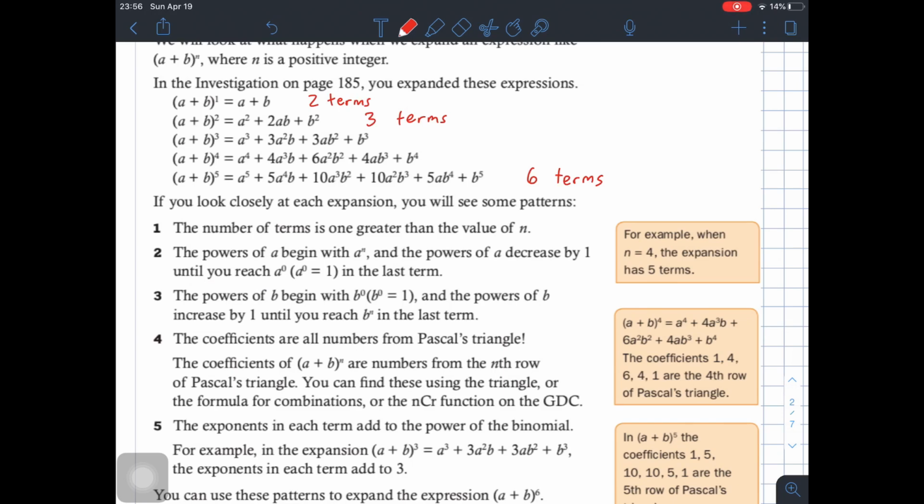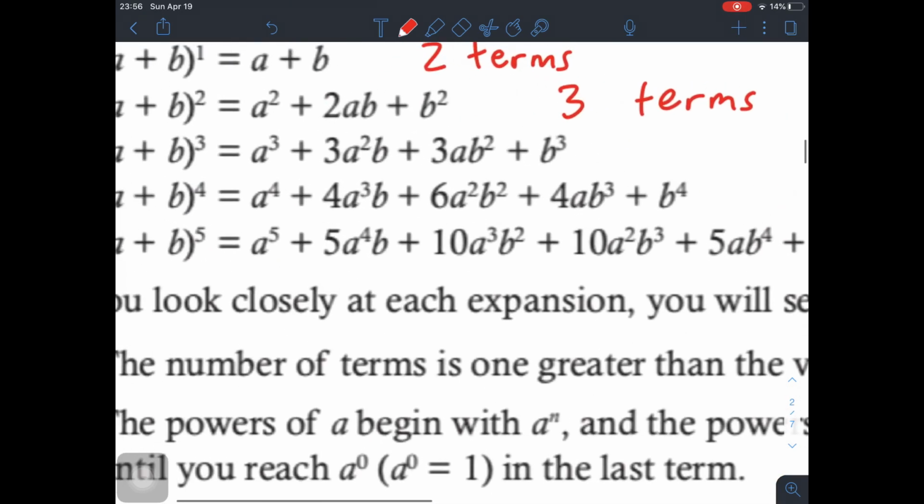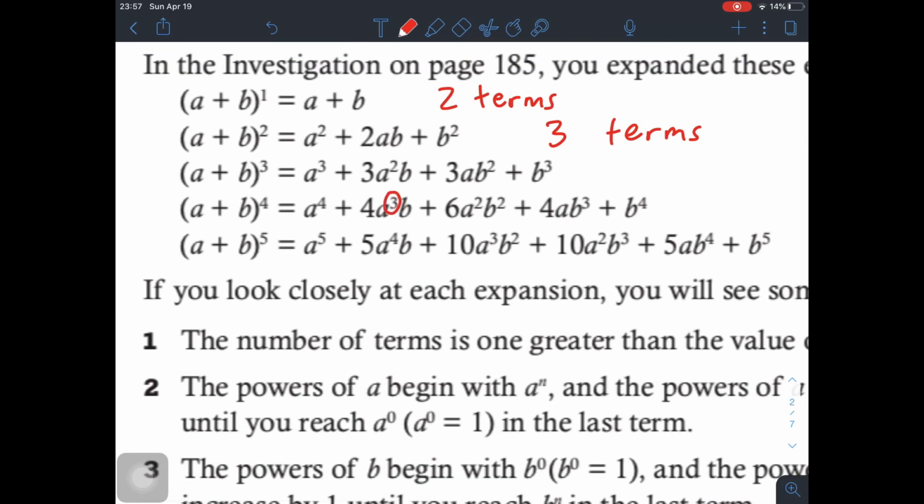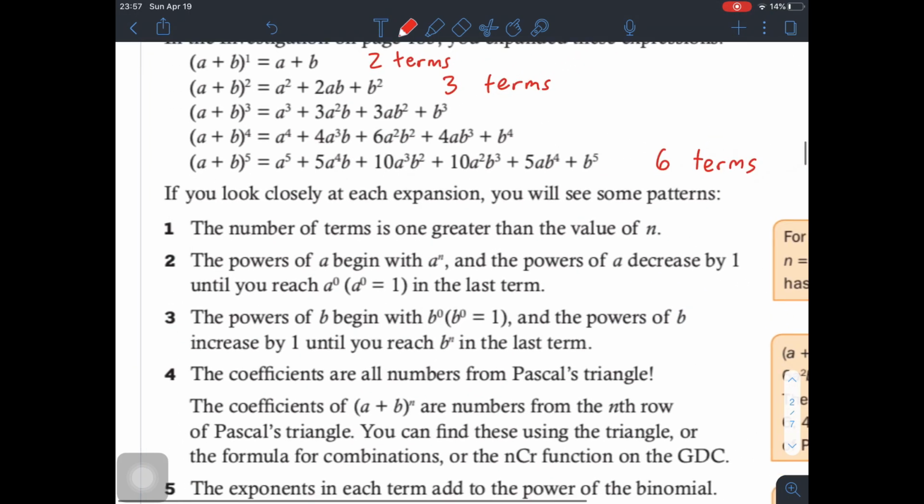For example, if we look at a plus b to the power of 4, a should begin at a to the power of 4, and then you'll see that the power of a goes decreasing by 1: a cubed, a squared, a to the power of 1, and then a to the power of 0, which is the same as 1, so we just do not write that. So the power of the first term goes decreasing, and it always starts with the exponent of the expansion.